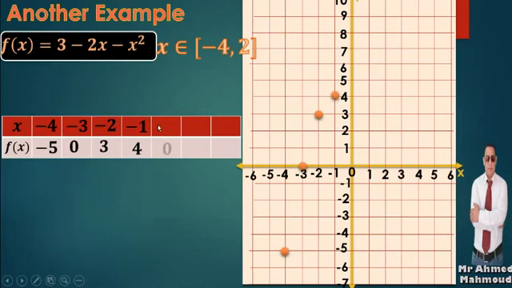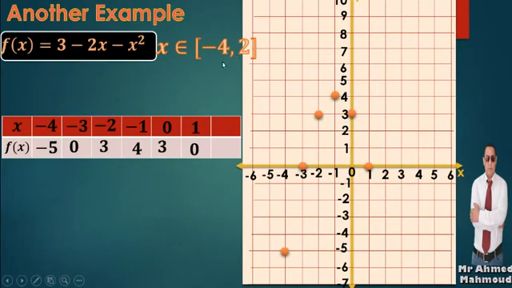And the next point is 0: 3 minus 2 times 0 minus 0 to the power of 2 equals 3. It's here, 0 and 3. The next point, x equals 1: 3 minus 2 times 1 minus 1 to the power of 2 equals 0. 1 and 0 are in this position.